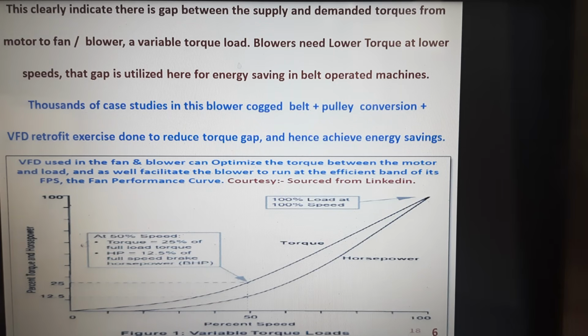Thousands of case studies have been done by resizing the pulleys and using energy efficient cogged belts, which have more power carrying capacity, and the VFD is also there. The VFD facilitates reducing the torque gap between the torque given by the motor and the torque demanded. This achieves an energy savings of 10 to 20% in all your variable speed blowers.